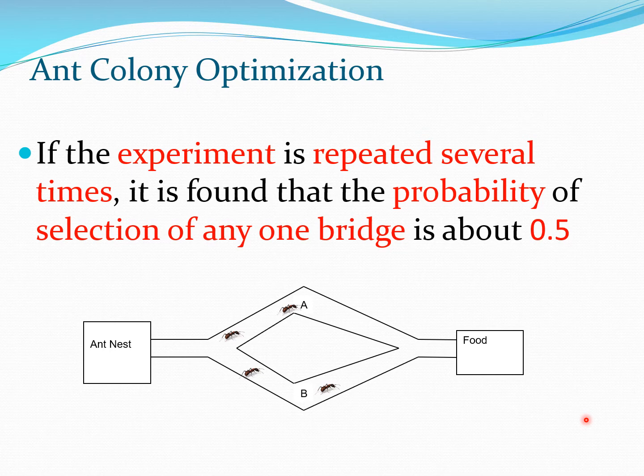Now let us go back and think how the ants would start the process. So when ants first start out, the chance of taking bridge A or bridge B is exactly the same. So some ants may go on this path and some ants may go on this path. Remember, at this stage they have not yet found the food, so they are taking any of these paths, and at a certain time they are going to find the food and they are going to try to bring this food back to their nest.